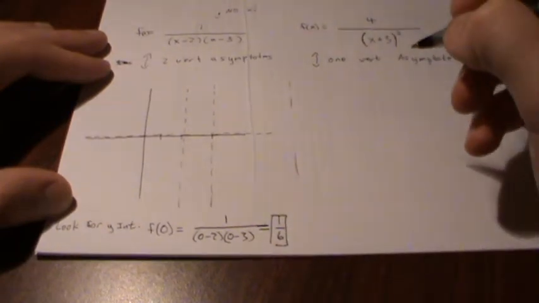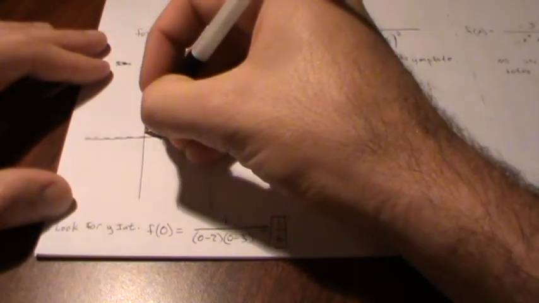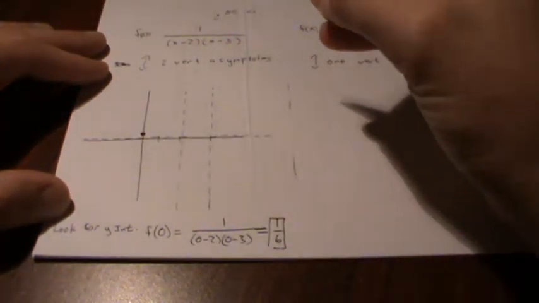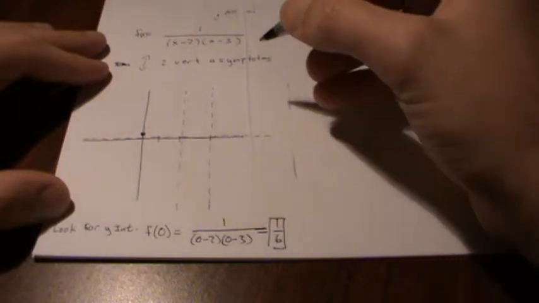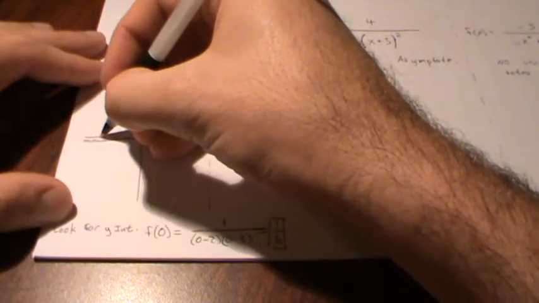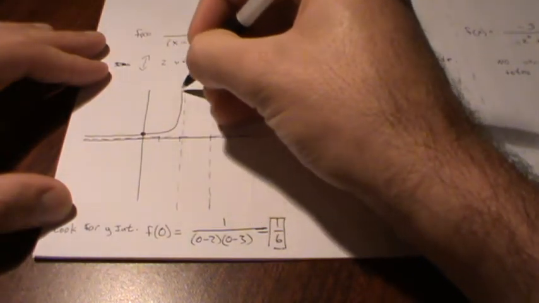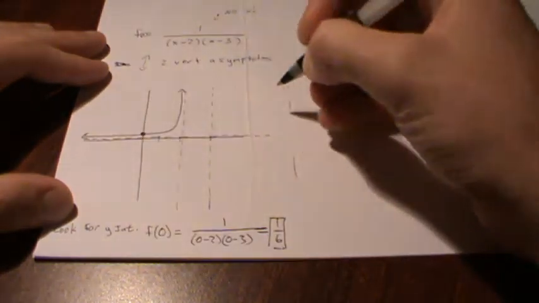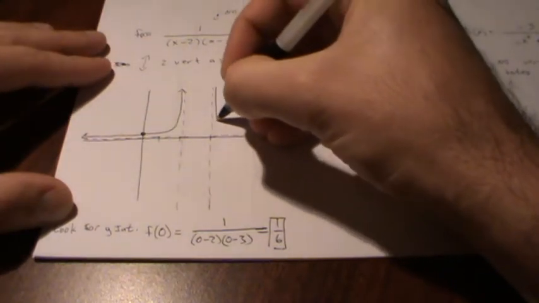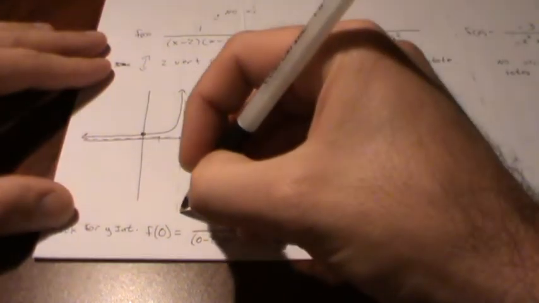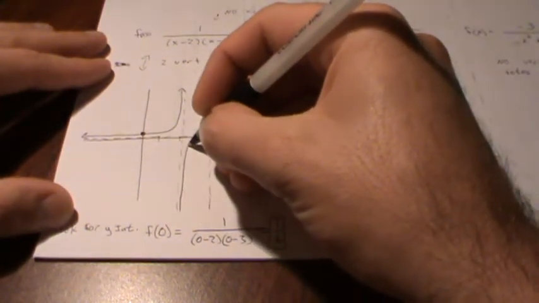So my y-intercept is at 1/6, which is right there, which is a positive y-intercept. Now I know for sure that the graph is going to be in this corner and in this corner and in the bottom here.